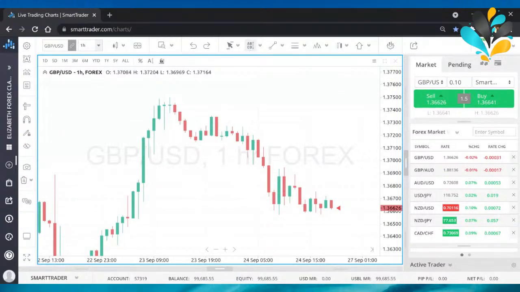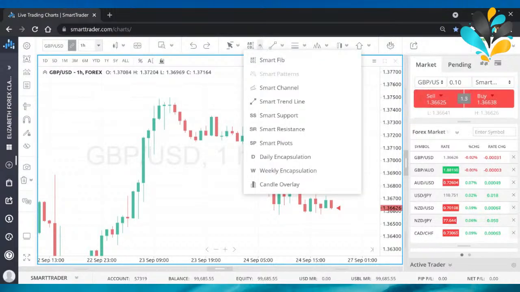Next, we have smart tools. These are going to come in handy, but I am not going to show you guys how to use this one because I don't want you guys to cheat. Not yet. We are going to be covering this inside of our technical analysis section. So feel free, as you want to practice with it, to just take a look at the various smart tools by clicking on the arrow like I did.